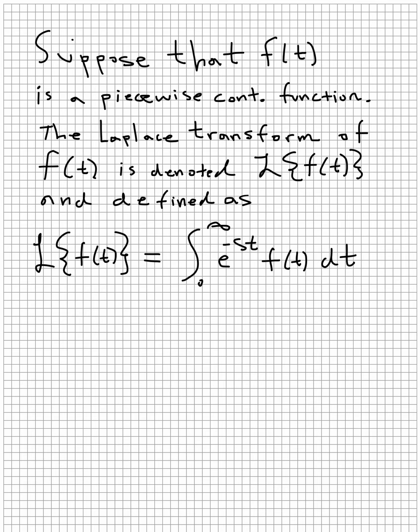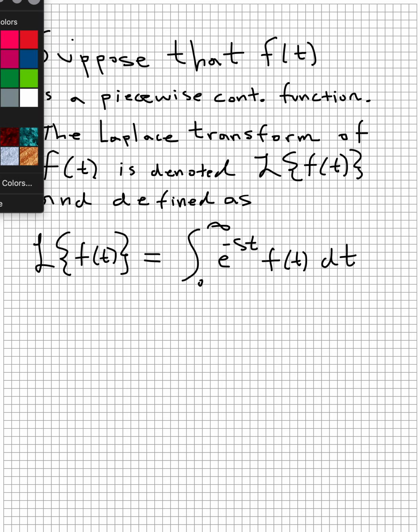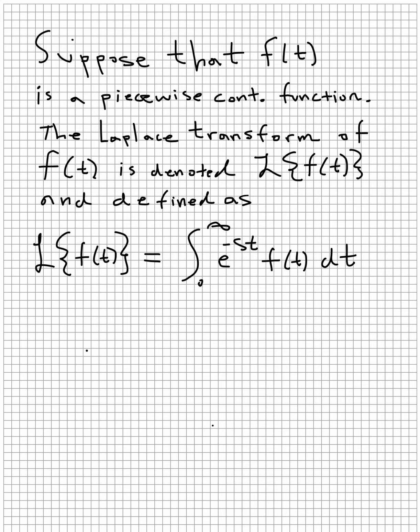So there is an alternative notation for Laplace transforms that is also very popular. For the sake of convenience, we can denote a Laplace transform as the following. We can also say capital L of f of t is equal to capital F of s. Sometimes I'll use this notation, and I'll be sure to inform you when I do.